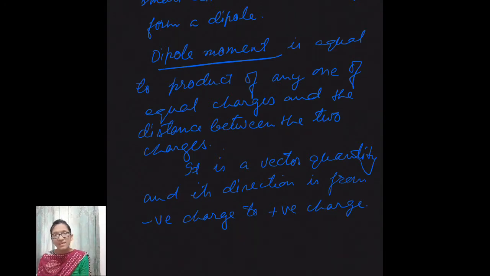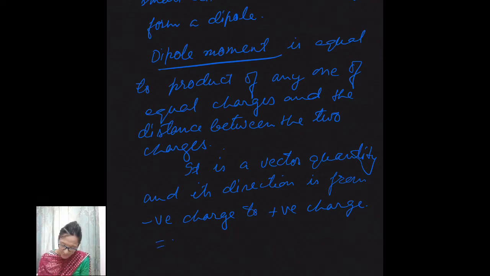Now recall that electric field has direction from positive charge to negative charge. But here dipole moment has just opposite direction, from negative charge to positive charge.